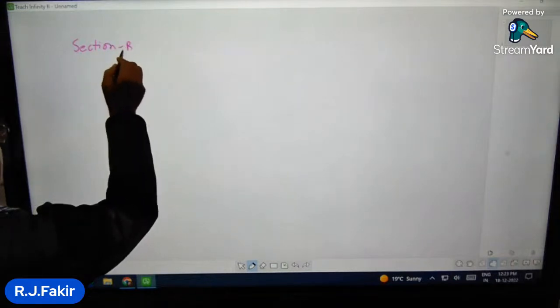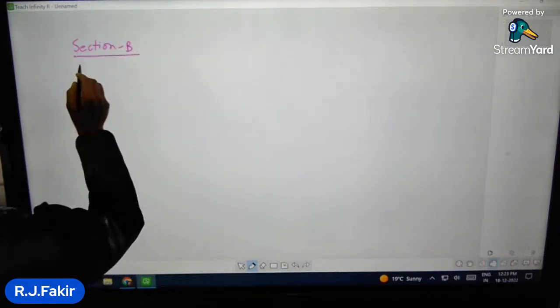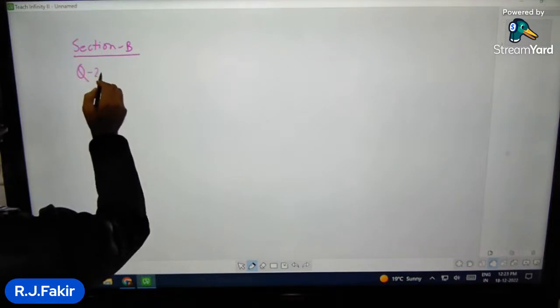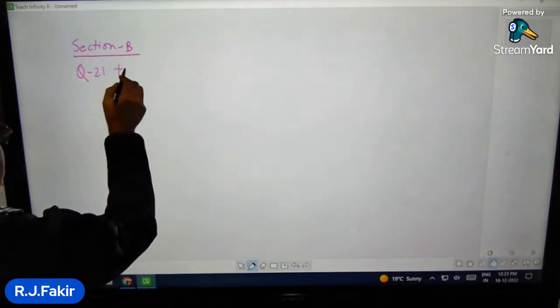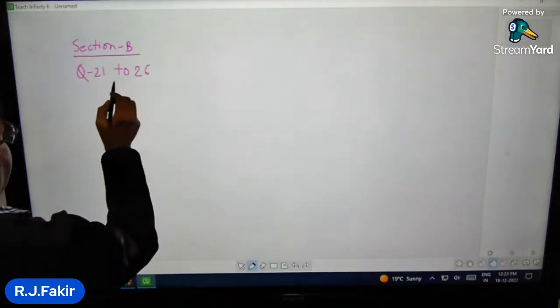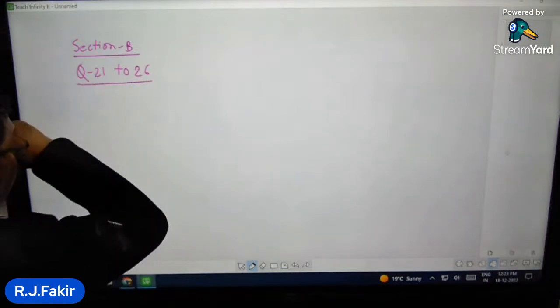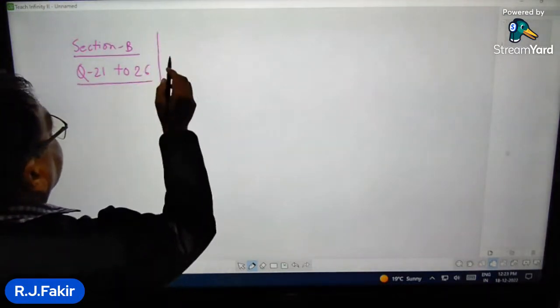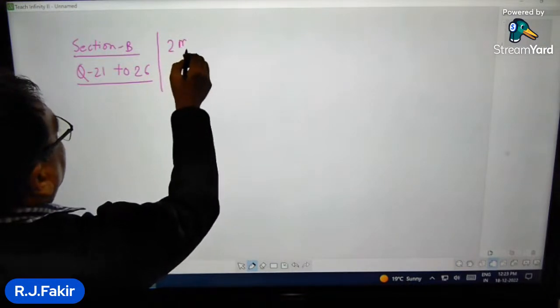So the section B of the paper starts from question number 21 and ends in question number 26. This deals with 2 marks questions.